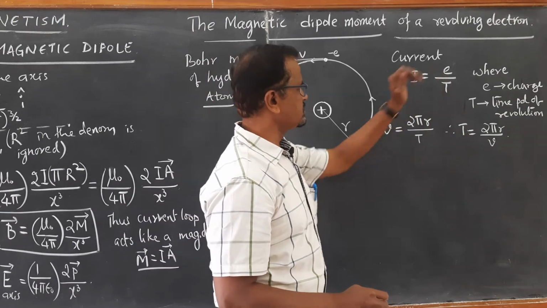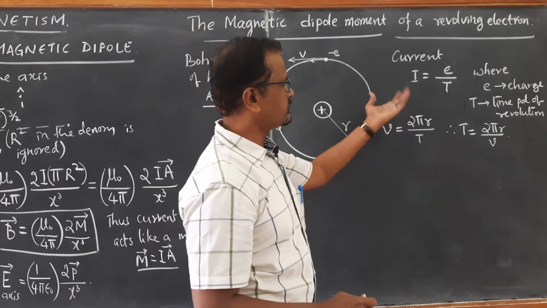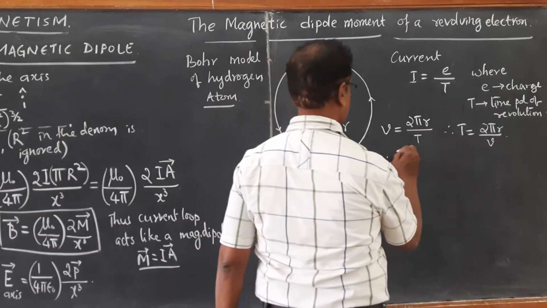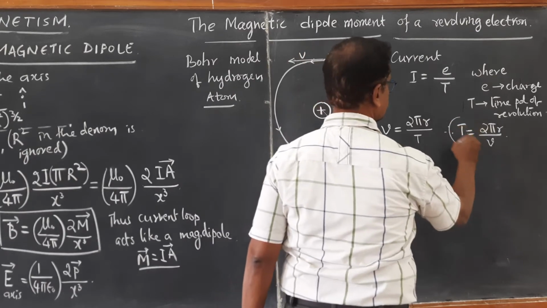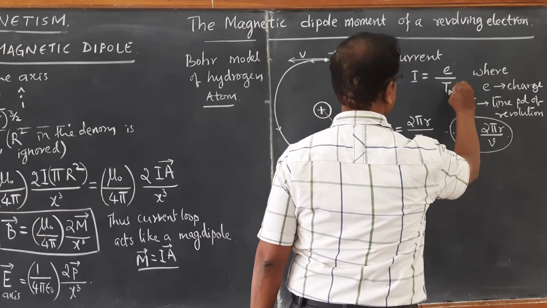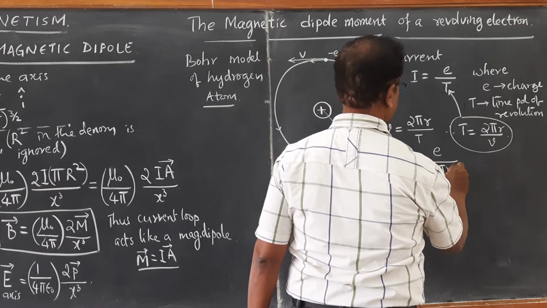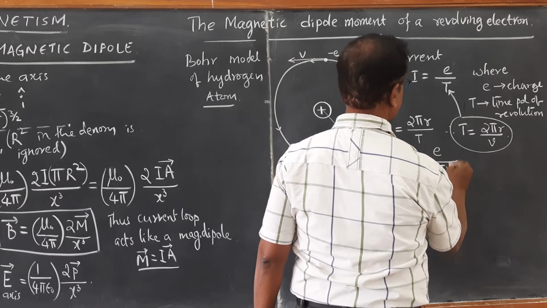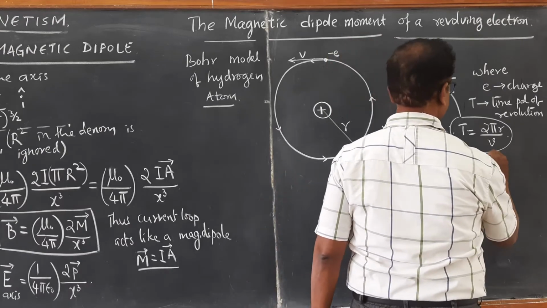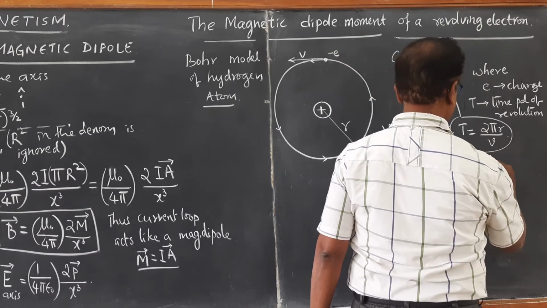So substituting this in the equation, we get the equation for current. Therefore, I becomes e upon 2 pi r by v. So v comes to the numerator, and it becomes e v upon 2 pi r.